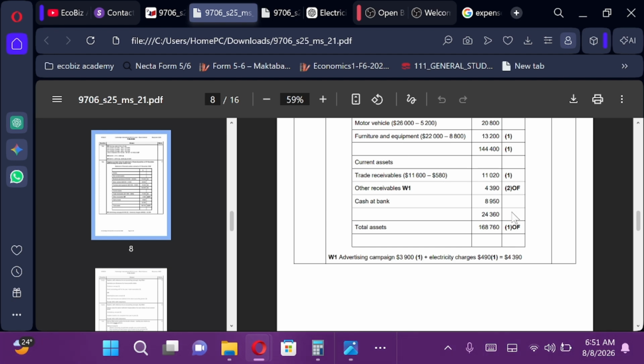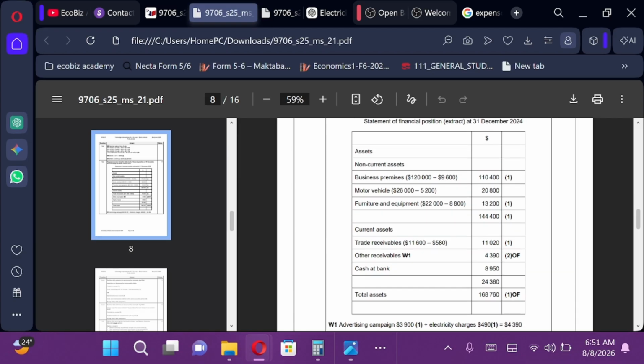We take all these current assets, including the prepaid, and we get 24,360. We take 24,360 plus 144,400. We get this amount.